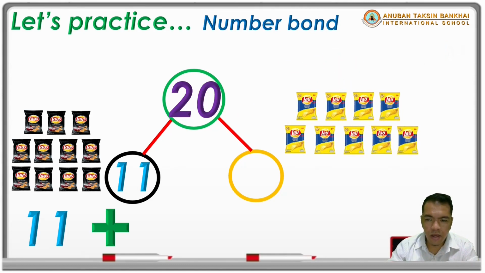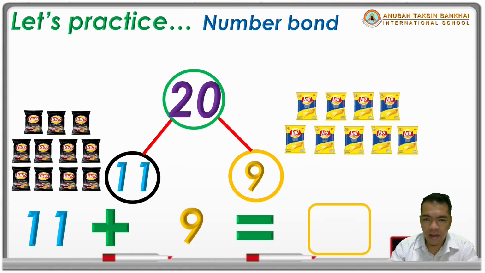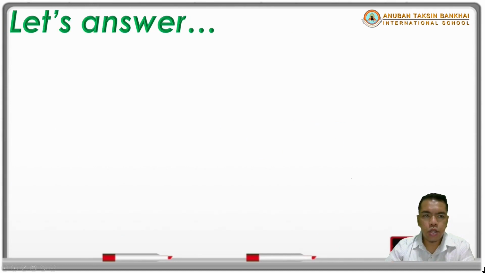We have 9. So we're going to add 9. 11 plus 9 is equal to how many? What's our sum? 20. Great.